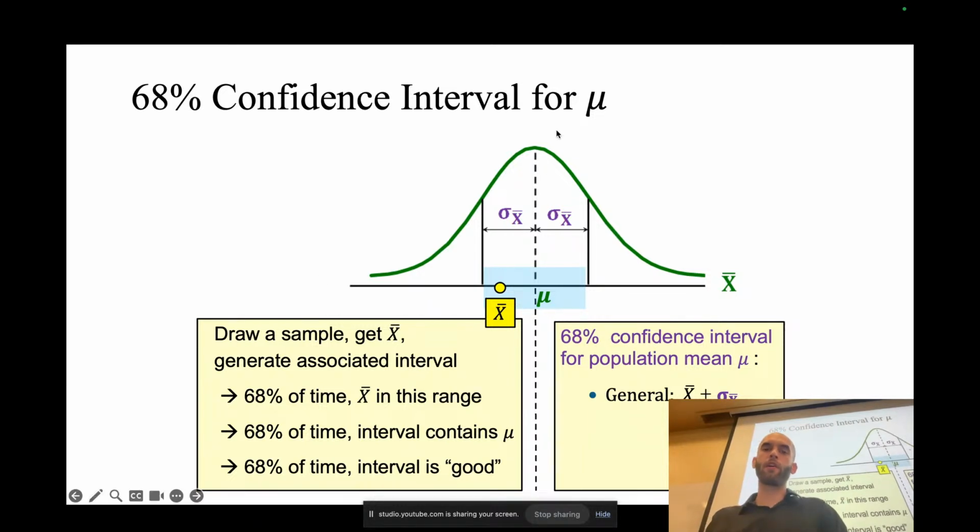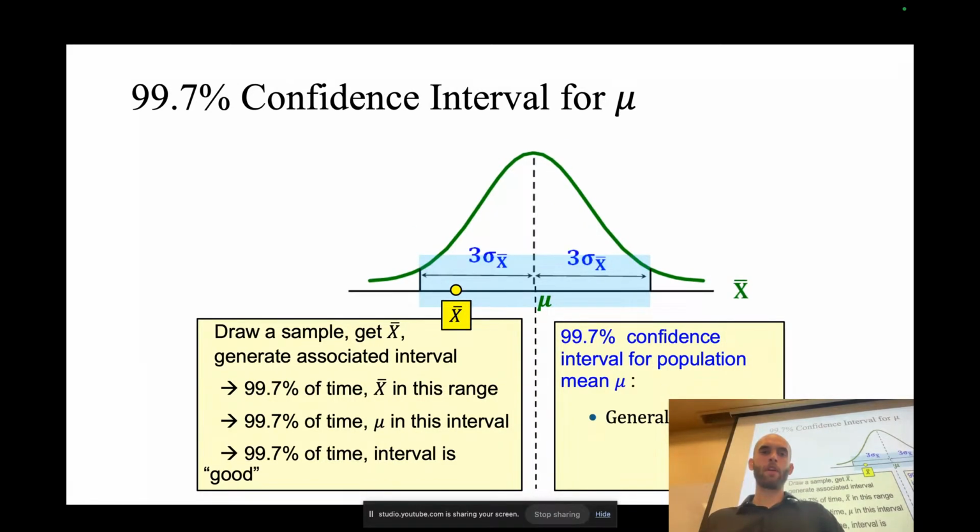We can also use other levels of confidence. So, using our empirical rule, we know something about the normal distribution. If we want to be less confident, one standard deviation away from the mean. And if we wanted to be more confident, we could use more than 2 sigmas. We can be as confident as we'd like.